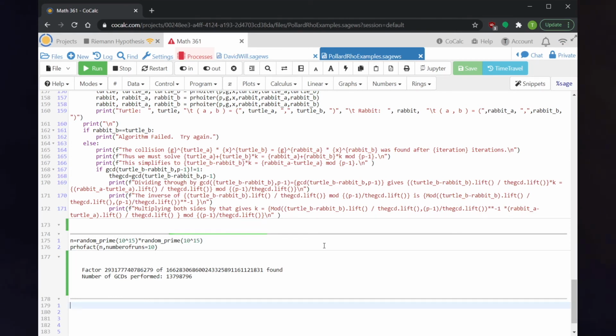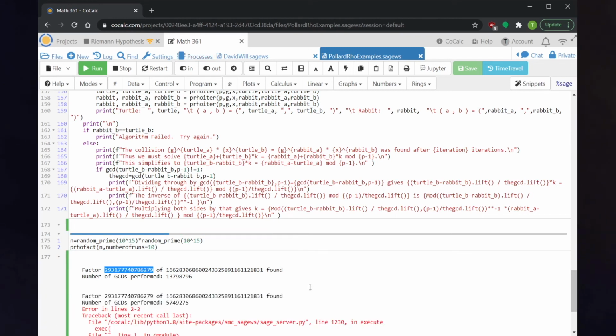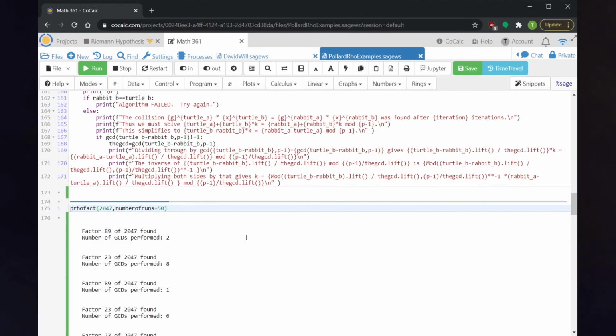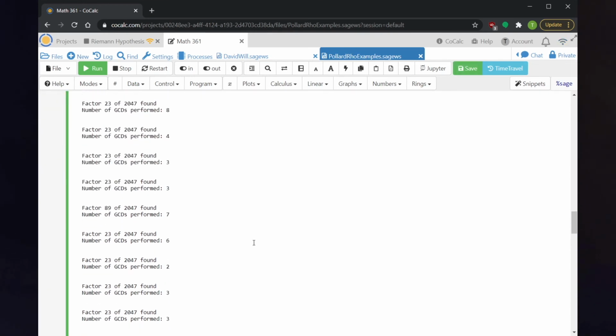To show you that this algorithm really does sometimes fail, I'm going to run this 50 times on the number 2047. Now, 2047 is not a particularly impressively large number. It's 23 times 89. But you can see how a collision mod 23 and a collision mod 89 might plausibly some percentage of the time coincide.